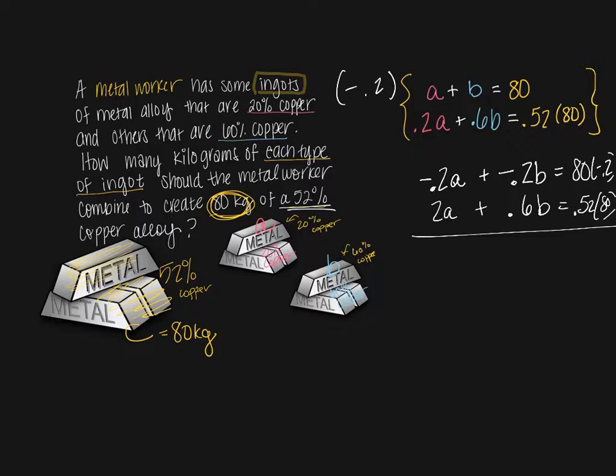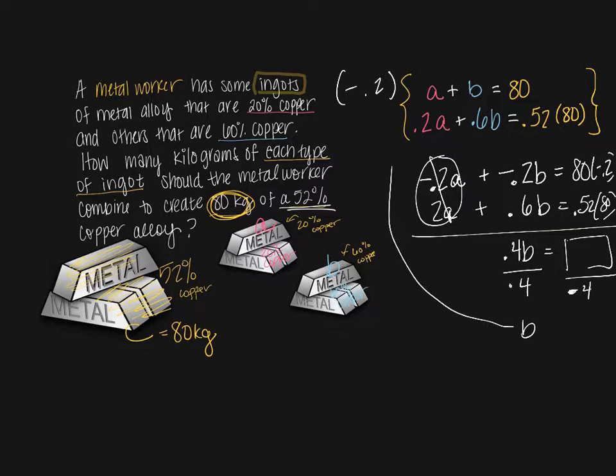And then I can end up eliminating these terms, and I get a 0.4b equals whatever this is over here. And then I solve by dividing both sides by 0.4, and I get my B. And then I plug that back into this equation, and I solve it for A.